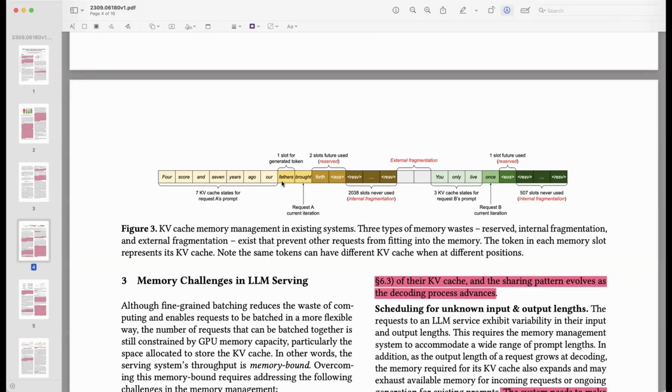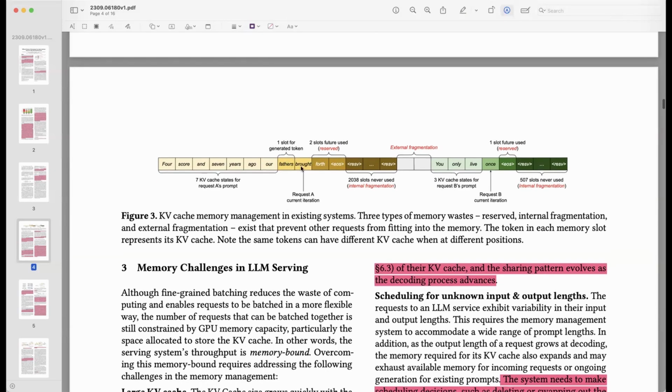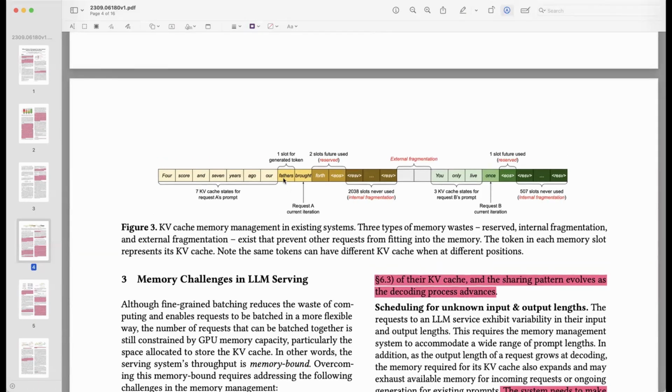Then once you have the prompt, you do autoregression and generate tokens. Sorry, I got confused. Yeah, I think you're right, this is where the autoregression is going on, and you are currently here.